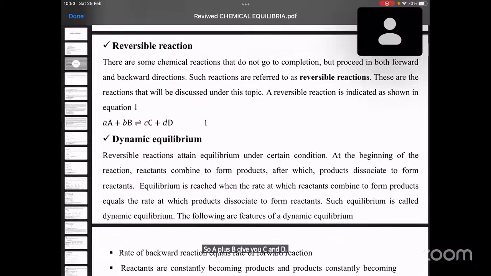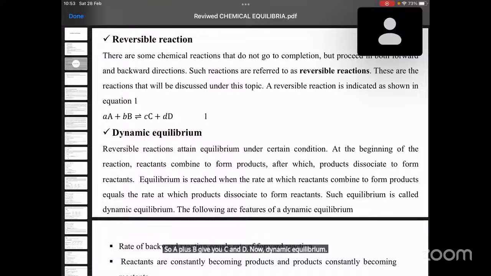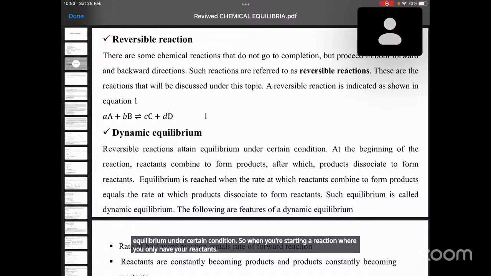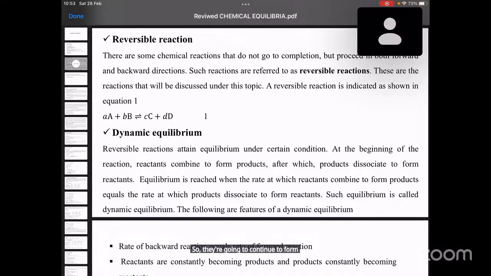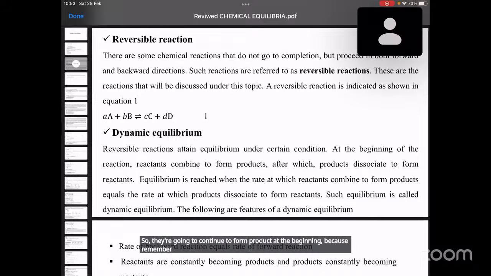Now, dynamic equilibrium. Reversible reactions get into equilibrium under certain conditions. When you start a reaction where you only have your reactants, A and B, they're going to continue to form product at the beginning, because remember, you have zero product at the beginning.